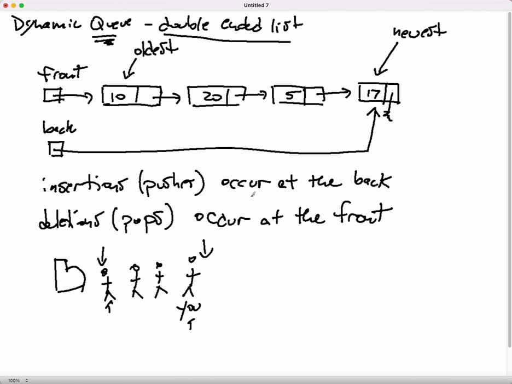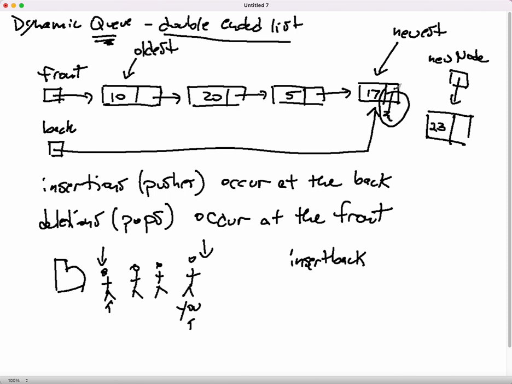Okay? So if I have a new value here, I'm going to call it a new node, and maybe it's got the value 23. If I want to insert at the back, I need to change this to point over there.